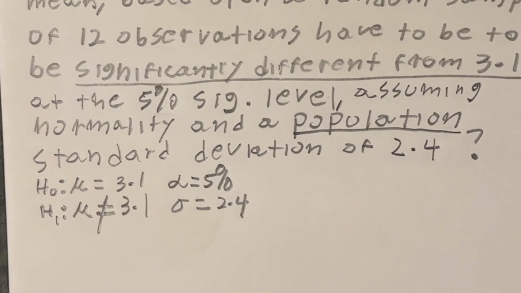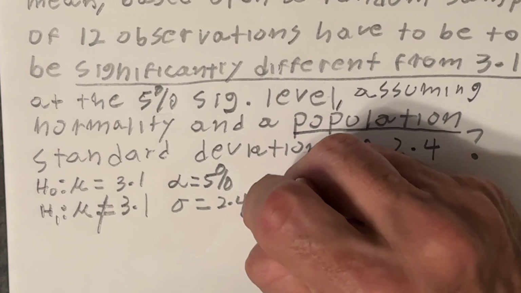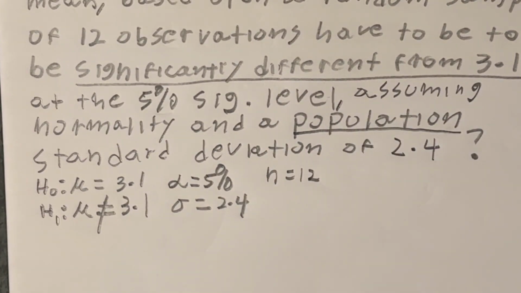So because it's a population standard deviation, you use the Greek letter sigma and you use the Greek letter alpha for the significance level of the test. So it already says we have a random sample, and the 12 observations, that tells us that n equals 12. So we're almost ready to begin.